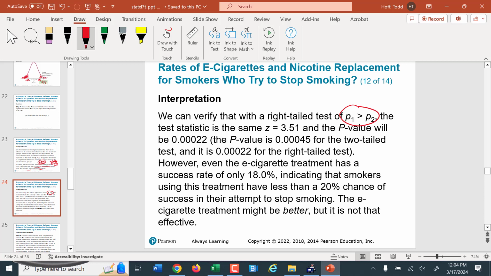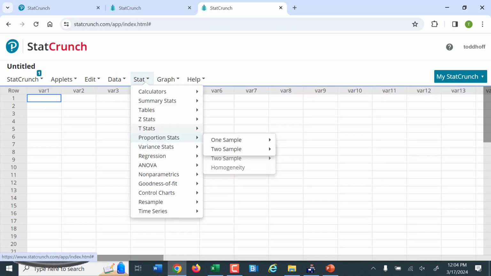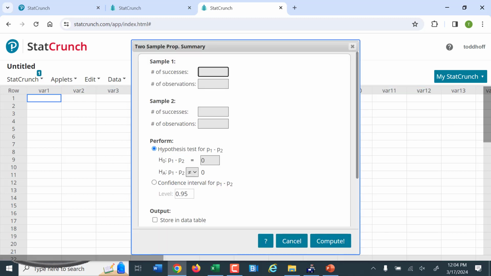So the p-value would actually be even smaller with only one tail. I'm not going to go through that process now, but you could go through that process and repeat it. Actually, let's go to StatCrunch. StatCrunch will do it really quickly, so let's go ahead and do that. So stat, proportions, two sample, summary, 79 out of 438, 44 out of 446.